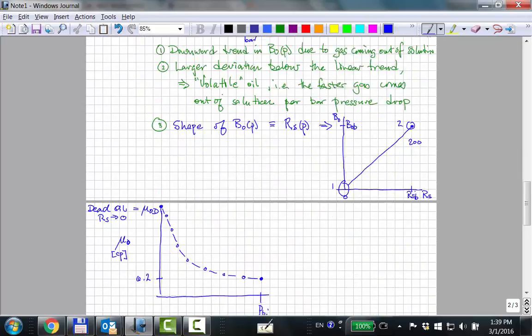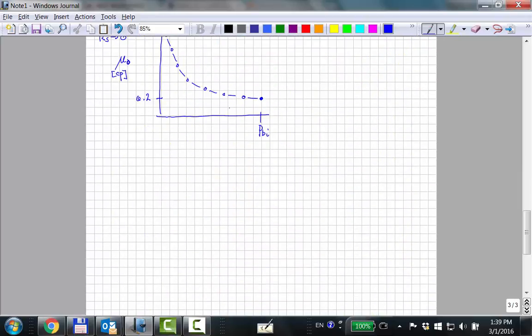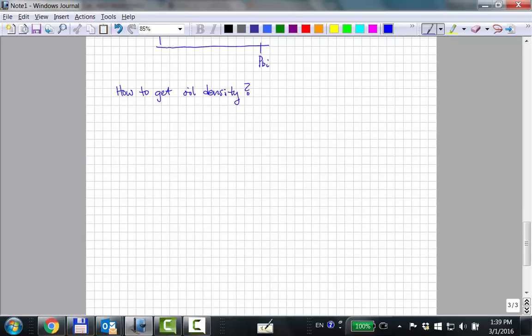So what we need to talk about before we break here today is how do we get oil density from RS and BO. Viscosity is not going to help us, okay?